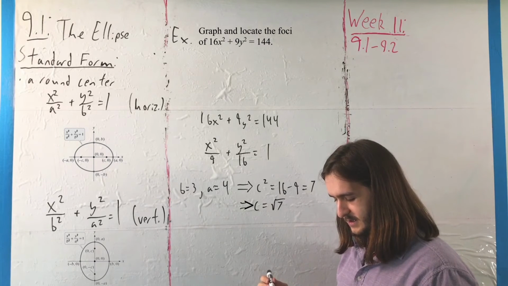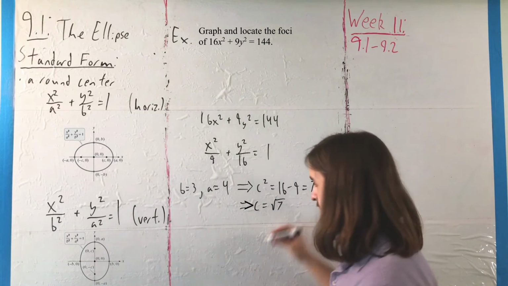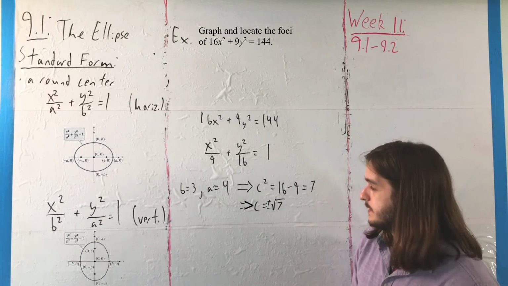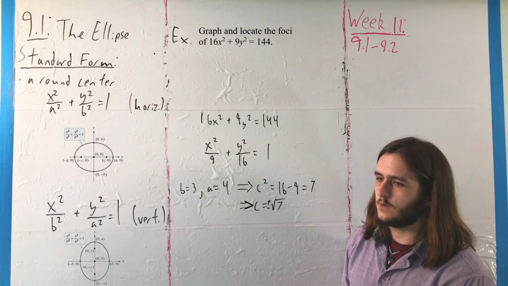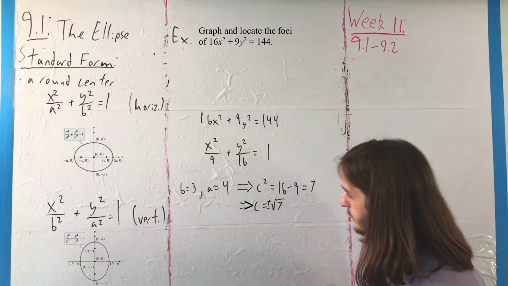Technically speaking, it's a little bit more exacting than that. We have the positive or negative square root, to be careful there, because our foci in this case are two points, one above, one below.